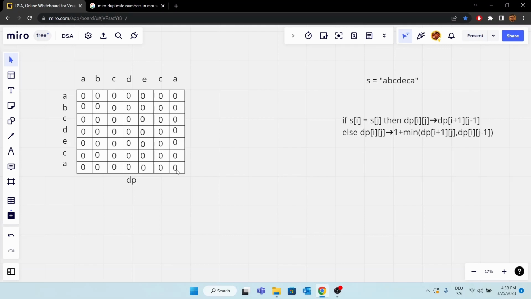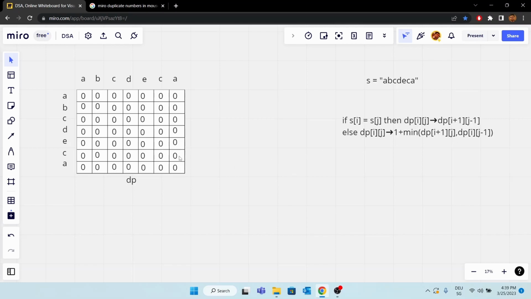What we do, we start from this cell. Here we can see that we have C, and in the top we have A. That means here s of i is not equal to s of j. That means we will apply this second recurrence relation. That means the cost of i, j here will be 1 plus minimum of dp i plus 1, j.